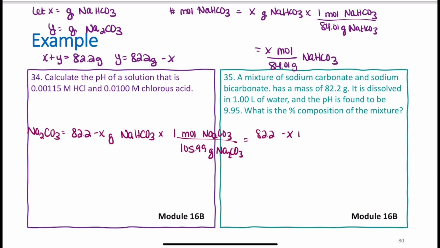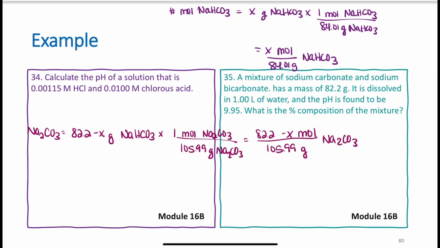82.2 minus X moles divided by 105.99 grams. It represents the Na2CO3. Now, this is where it's going to get really ugly, if it wasn't already.